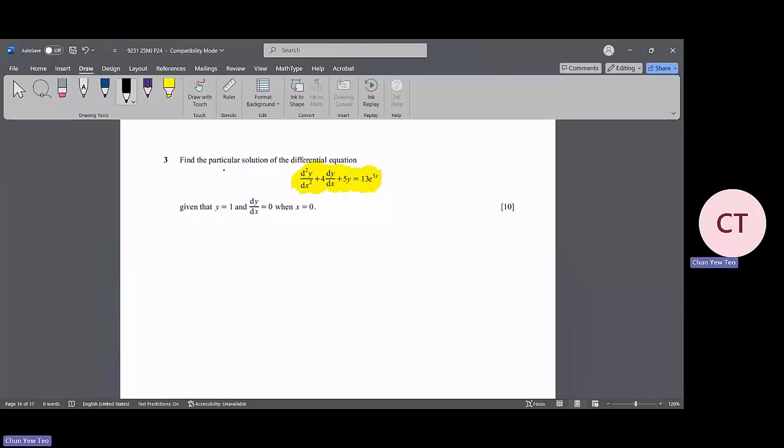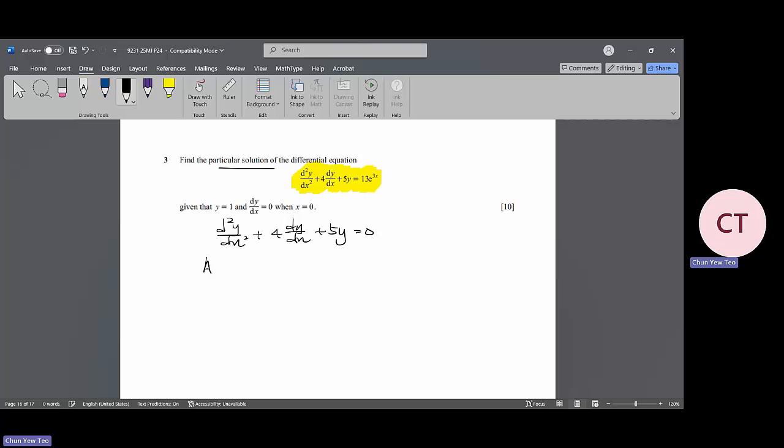Over here, we want to find the particular solutions for the second order differential equation. First of all, we take the left-hand side out, plus 5y, and let it equal to 0.